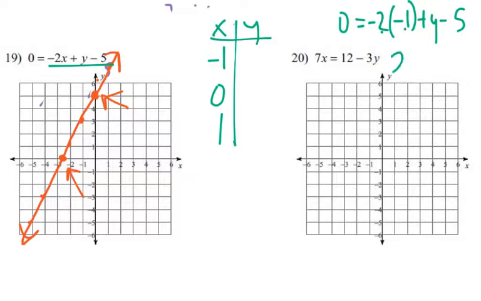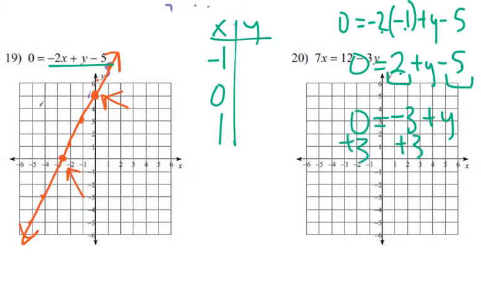Negative 2 times negative 1, positive 2, plus y minus 5 equals 0. 2 and 5 we can combine. 2 minus 5 would give us negative 3, plus y equals 0. Add 3 to both sides. We get 3 equals y. So at negative 1, our point is up at 3.